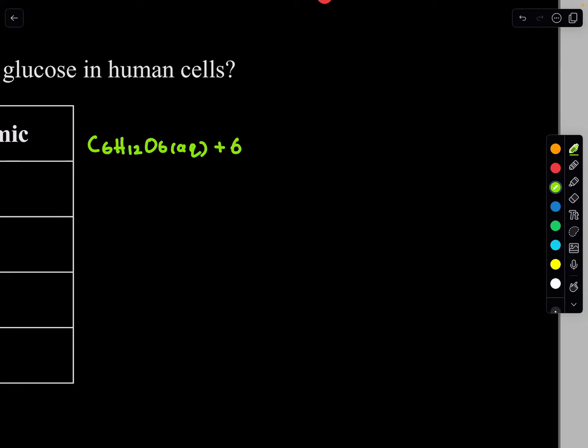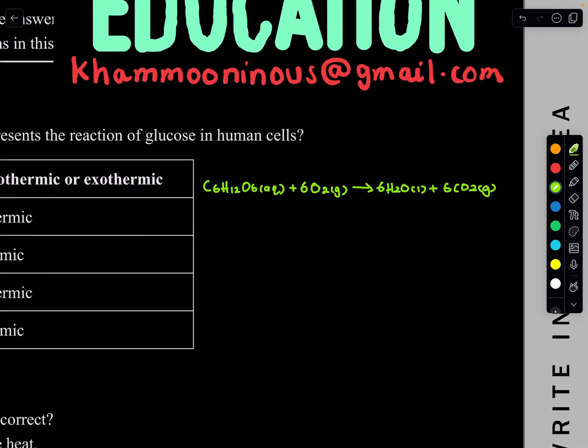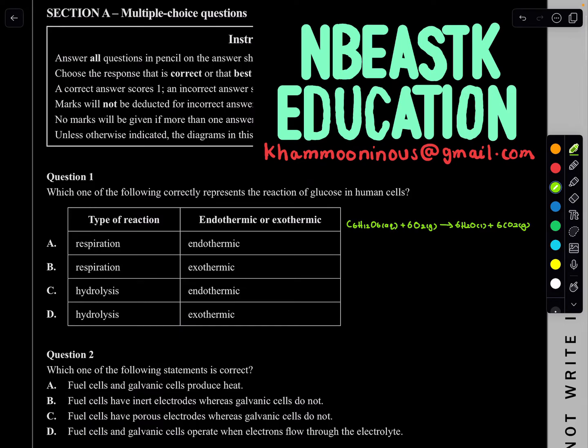Now, you react with 6 oxygen gas, and that results in 6 waters and 6 CO2 molecules, plus energy, which is the chemical energy that your cells get from it. So absolutely, that is your cellular respiration. That's the reaction your body does with glucose. It combusts it, and hence we receive energy from it. So type of reaction, respiration, absolutely.